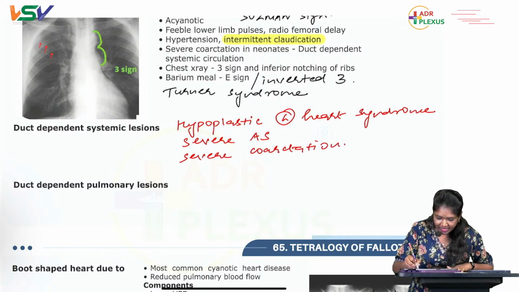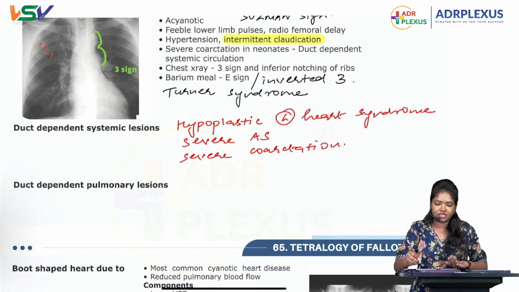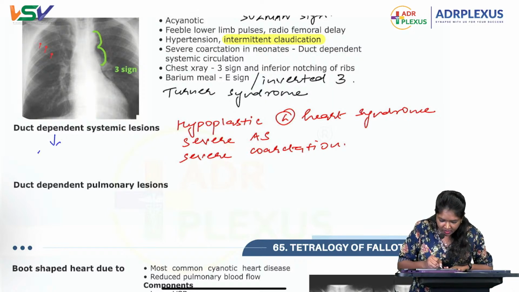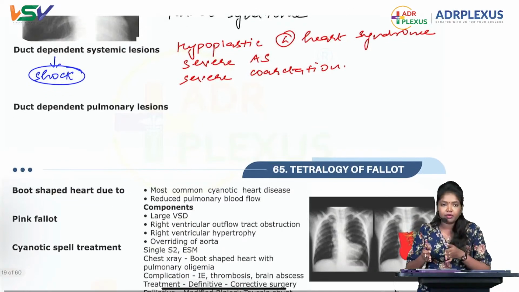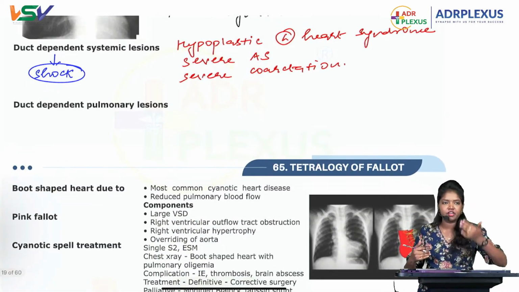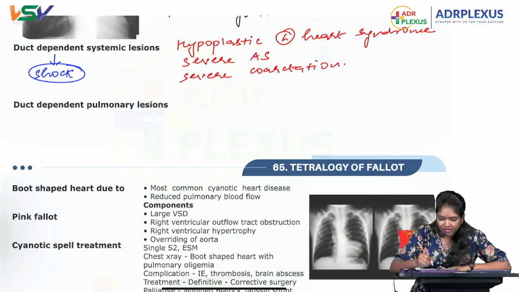These three are left side lesions, dependent on duct for systemic circulation. They will present with features of shock. Duct dependent pulmonary lesions mean right side lesions which are dependent on ductus arteriosus. What are they?